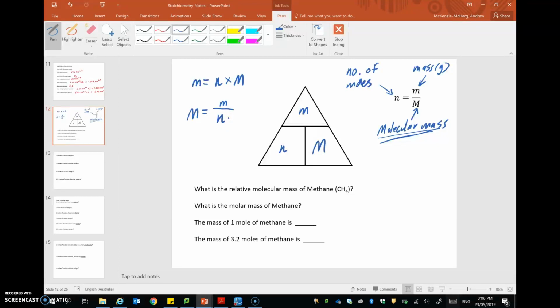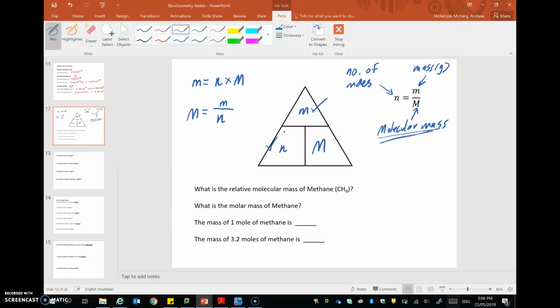Okay, both very important equations that you'll need to recall later on at some stage. So the big thing now is, we understand that if we've got a certain mass of something, we've got a certain amount of it, and we are becoming familiar with what number of moles are. That tells us how many particles we have of a substance.